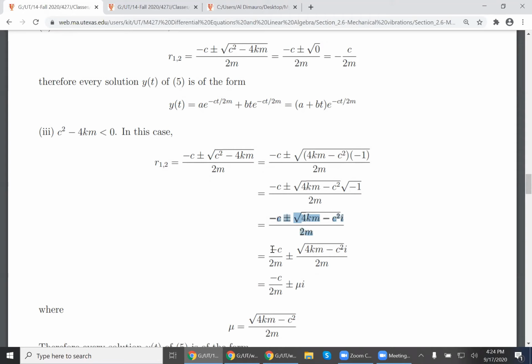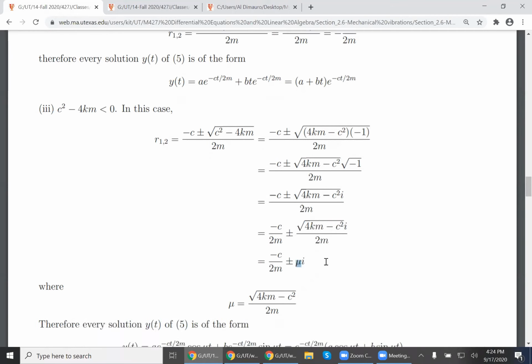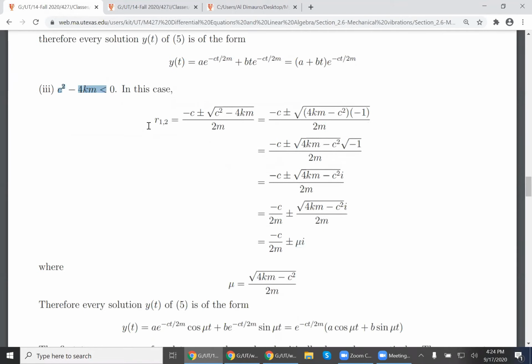We split this fraction into 2 pieces and denote this divided by 2m by mu. So, in case 3, r1 is equal to this plus mu i, r2 is equal to this minus mu i.